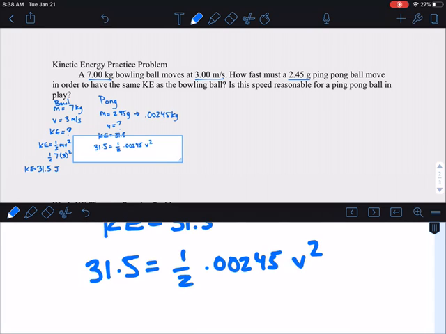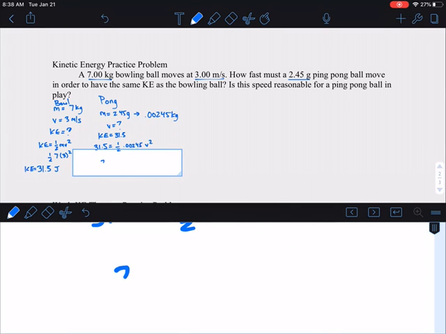I'm going to multiply 1/2 times 0.00245, and then divide 31.5 by that answer. On the left side so far I get 25,714.28 equals v squared. Then without rounding, I'm going to find the square root of that answer.